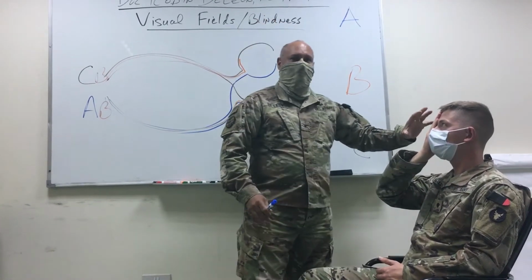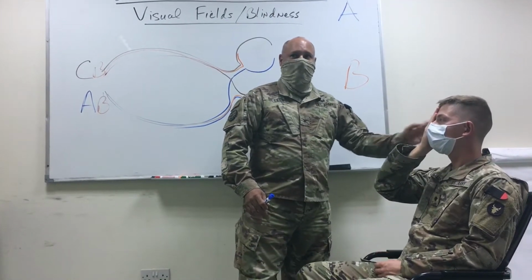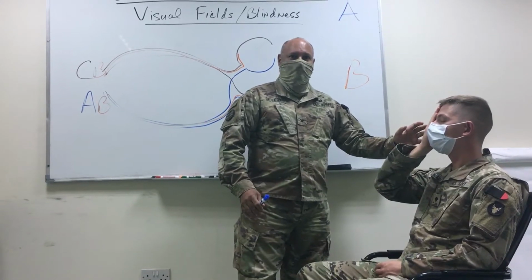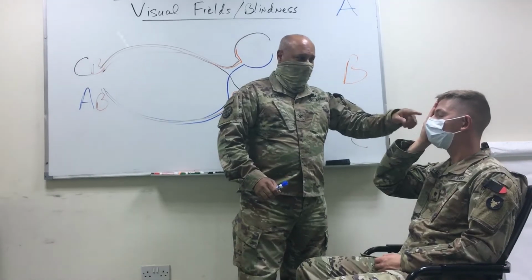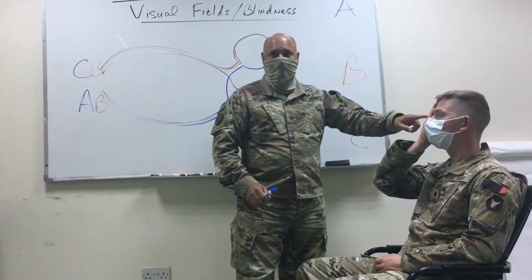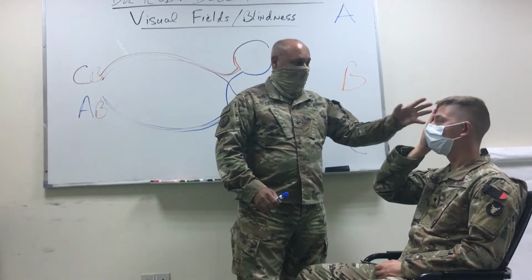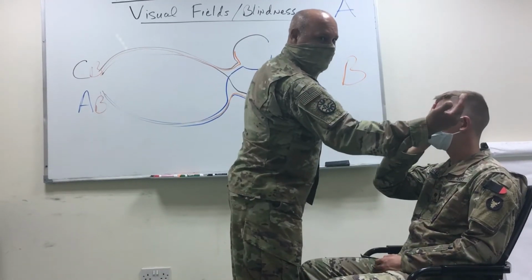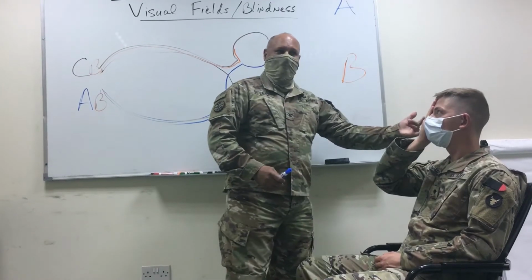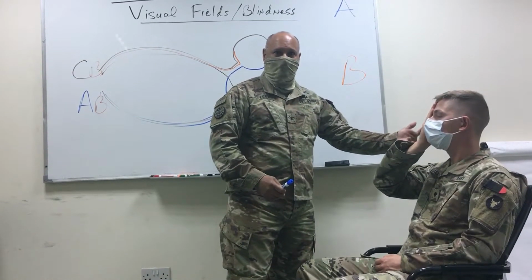So why can't he see it over here? Why is this field blind, per se, for lack of a better word? And the reason is his nose is in the way. So I can't tell if that eyeball can see over here. That eyeball can see way out here, but I don't know if it can see over here because his nose is in the way.